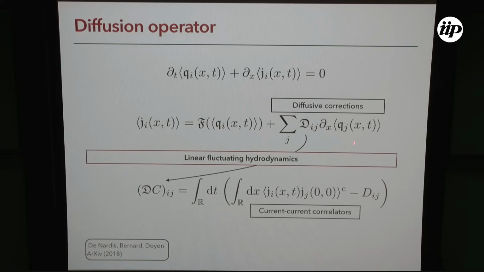You compute these diffusion constants in a stationary state, and then you generalize to a space and time modulation. No, sure. I mean, these are just the diffusive corrections. If you want to evaluate the diffusive correction, this is the definition. There can be other types of corrections, of course.